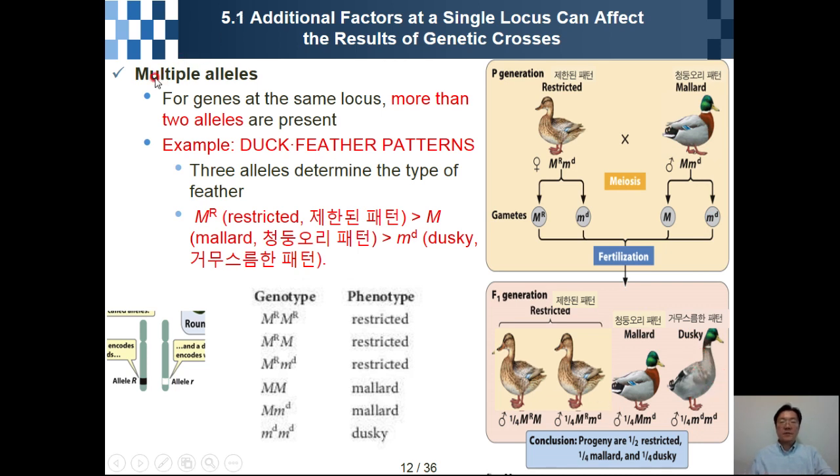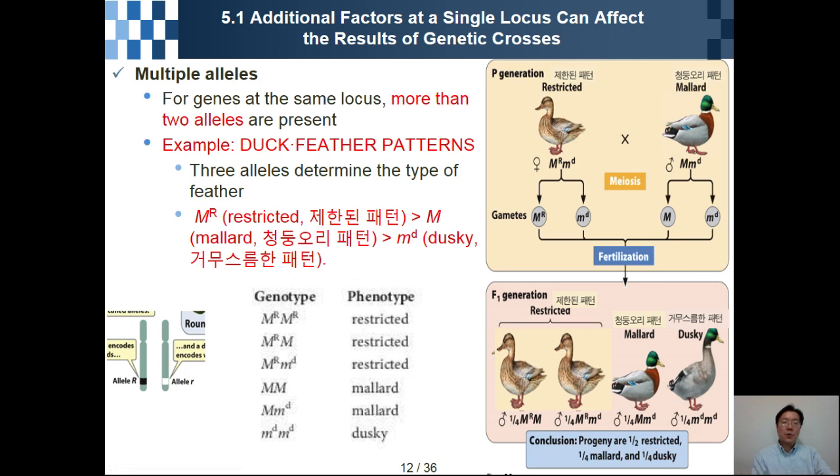So when multiple alleles are involved in the genetic process, the progeny will be two out of four restricted, one out of four mallard, and one out of four dusky. So once again, the father is also heterozygote, and the mother is also heterozygote.